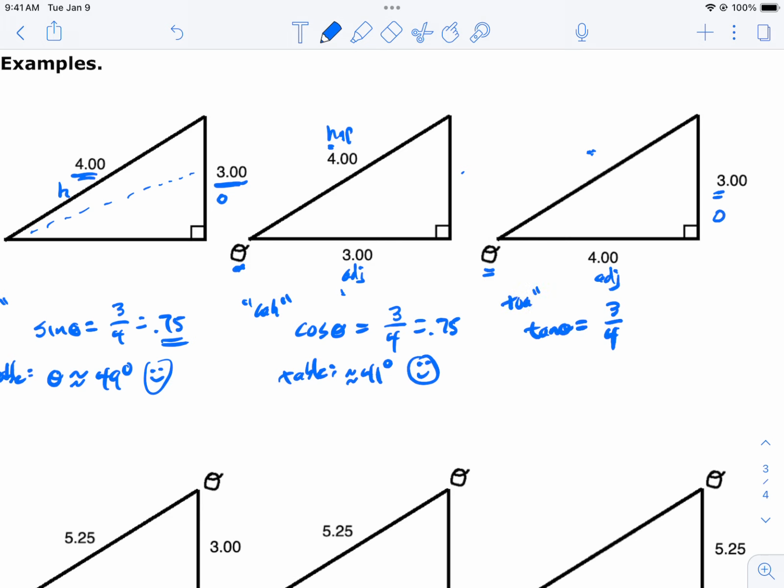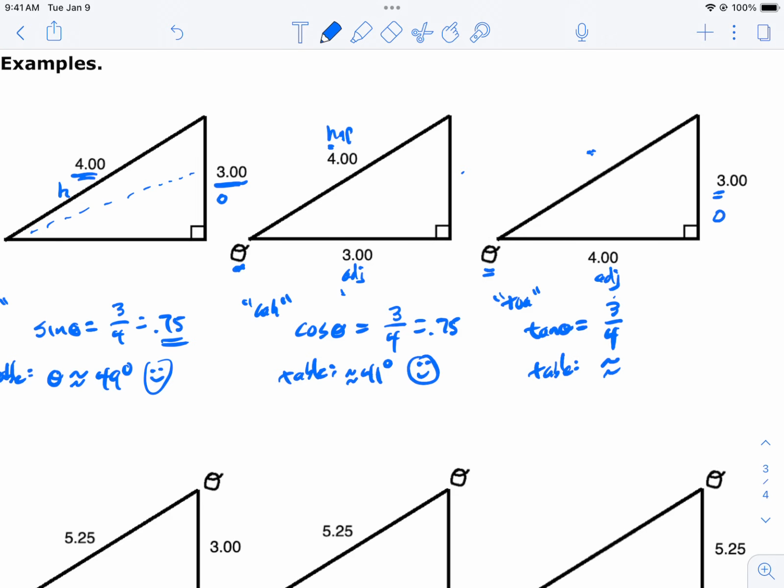Notice then that these 3 words, SOH CAH TOA, stand for 3 different formulas, and that's the way you set them up. TOA means the tangent of whatever angle you're looking at is the opposite side's length over the adjacent side's length, just like that. So let's go back to the table.